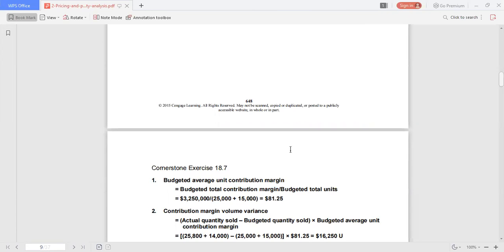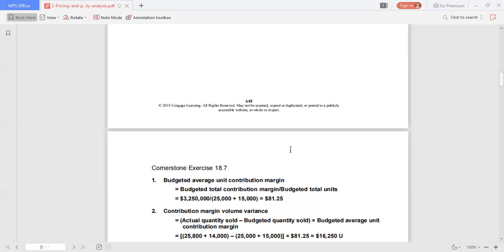So, the budgeted average unit contribution margin is taken by dividing 3,250,000, that's the total budgeted contribution margin, by the budgeted production of 25,000 and 15,000 ovens. So we get the average unit contribution margin of 81.25.